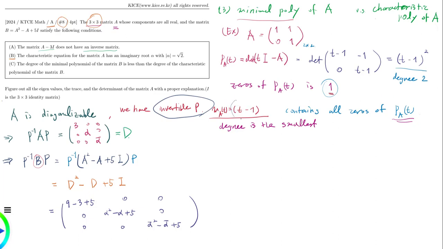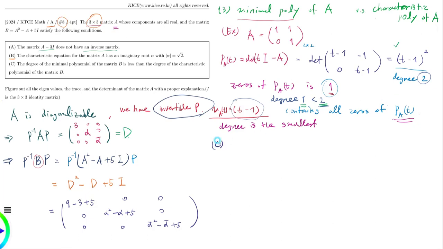In this case, the minimal polynomial has degree 1, which is obviously less than the degree of its characteristic polynomial. So as you have observed, when we have repeated zeros of the characteristic polynomial, there's a gap between the degrees of its minimal polynomial and its characteristic polynomial.